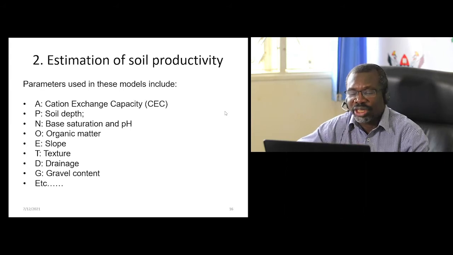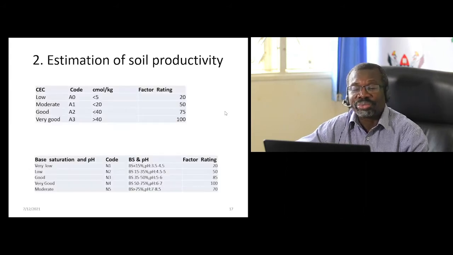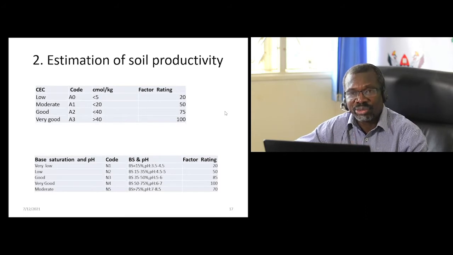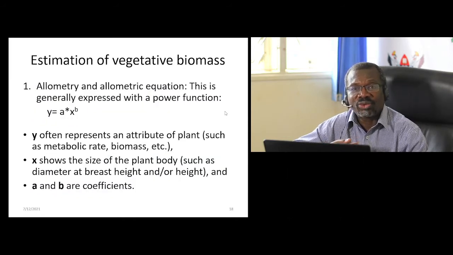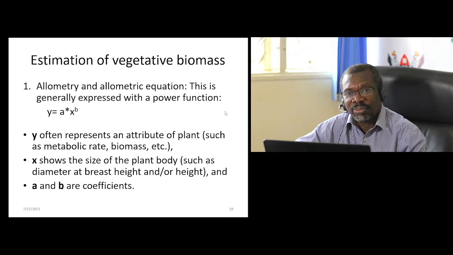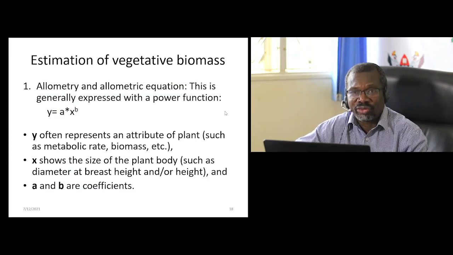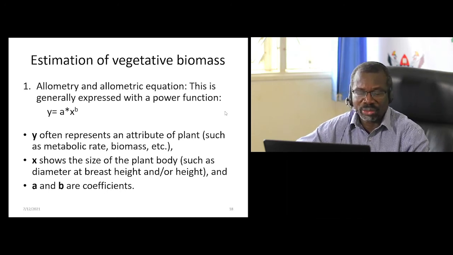There are a number of parameters which can be put in the estimation, and each of those parameters has a factor rating. So we used a number of those parameters and the proposed factor ratings in the model. That is for soil productivity.